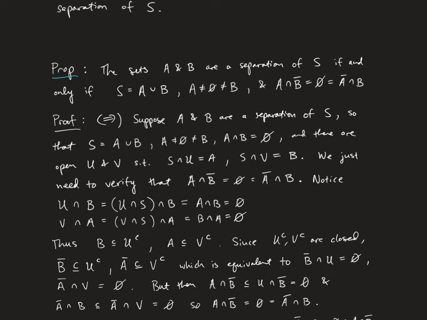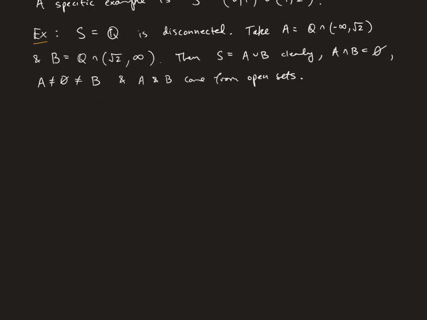In other words, either limit points of A are falling into B, or limit points of B are falling into A. So we get a little proposition that characterizes connected in a more positive fashion.